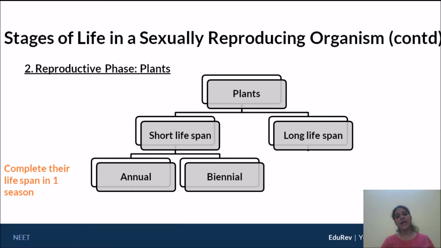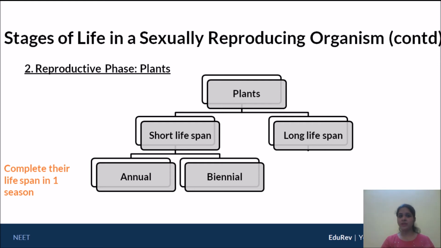When we speak about an annual, this is a plant that completes its lifespan in just one season. Now, what do we mean by that? From seed to death, which means the seed has to germinate, grow, flower, fruit, and then die, all of this should be completed in one growing season, maybe let's say the rainy season.